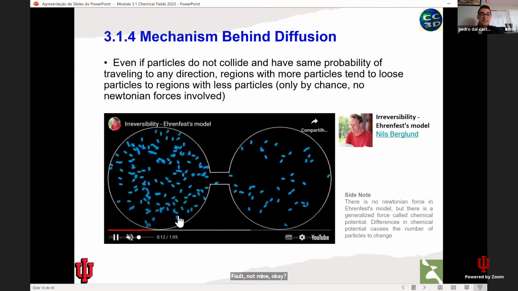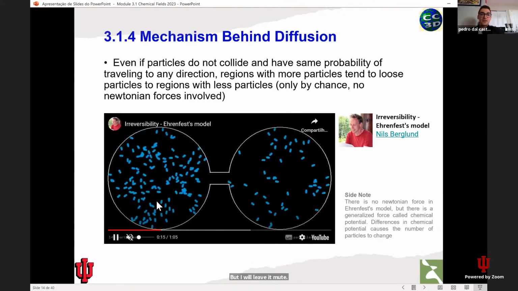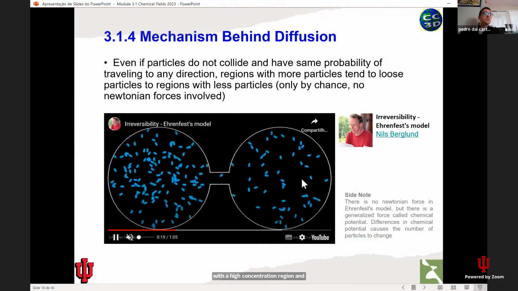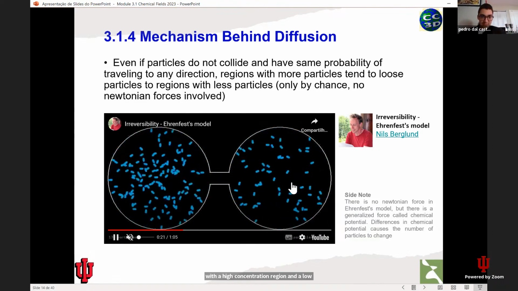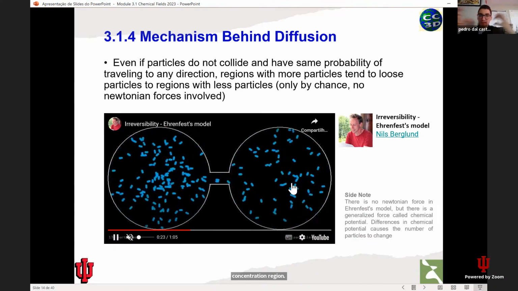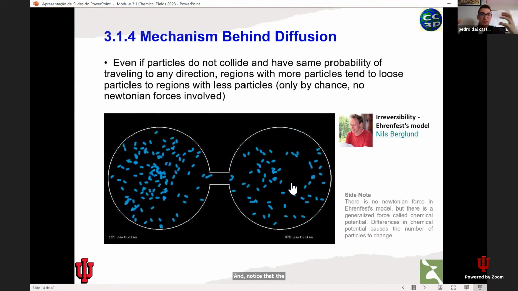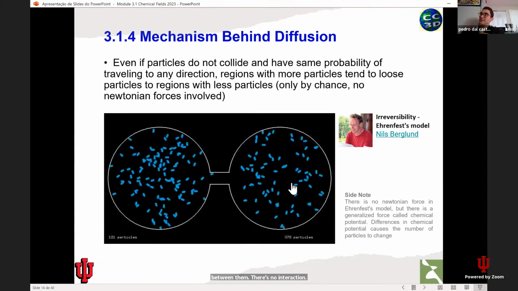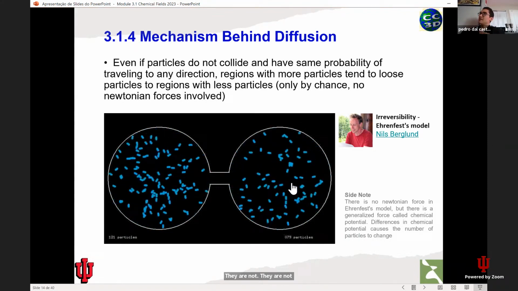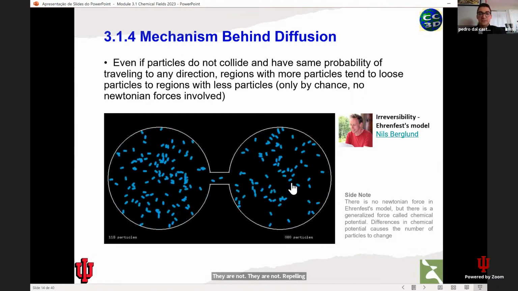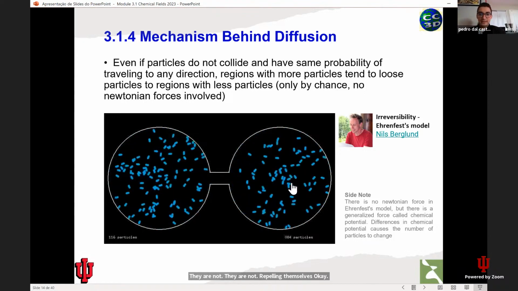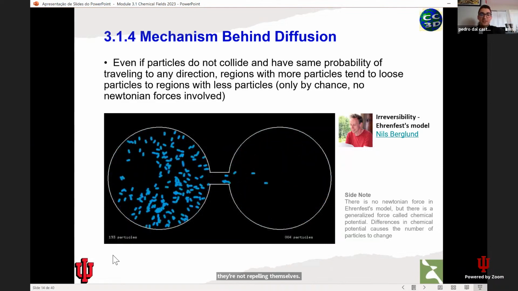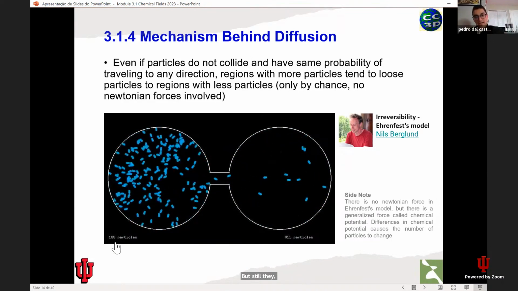So in this example, what's happening? You start with a high concentration region and a low concentration region. And notice that the particles do not interact between them. They are not repelling themselves, but still they preferably move to the right.